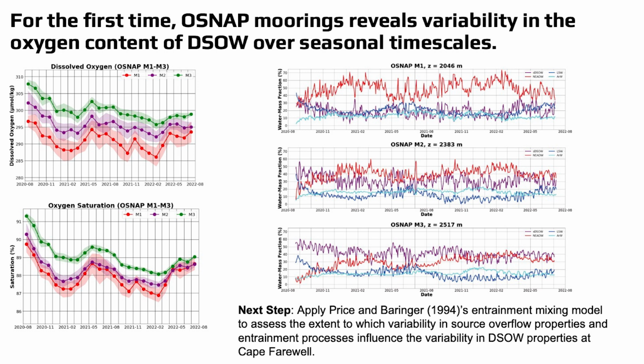As you can see in the results on the right-hand figure, there is a seasonal signature of the percent Northeast Atlantic Deep Water, which is less oxygenated, and the more oxygenated Labrador Sea Water, shown in blue, which suggests that the seasonality may be coming from the relative contributions of NADW and LSW that participate in entrainment. But the current analysis does not account for any time variability in the end-member source waters.